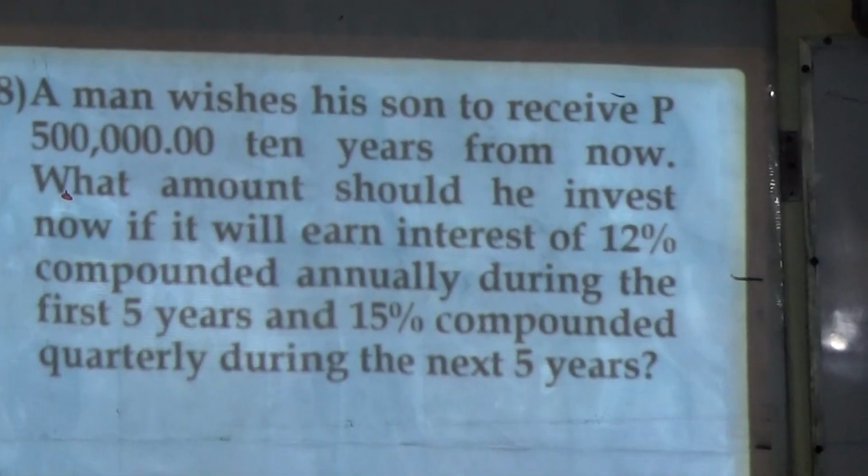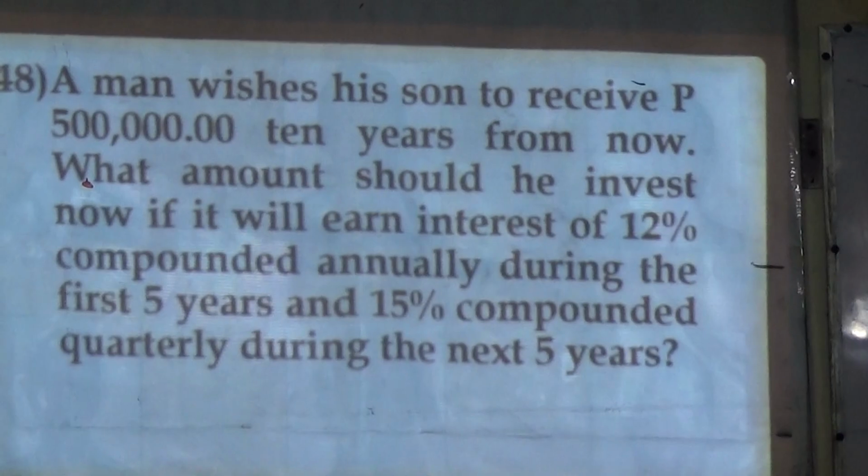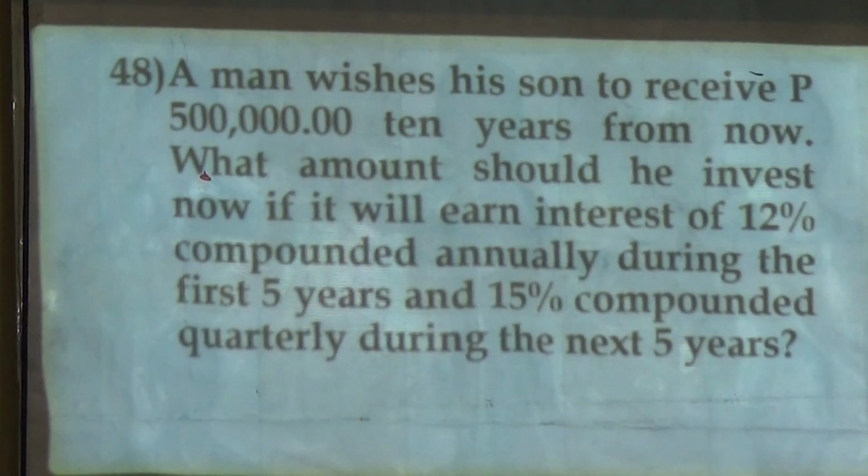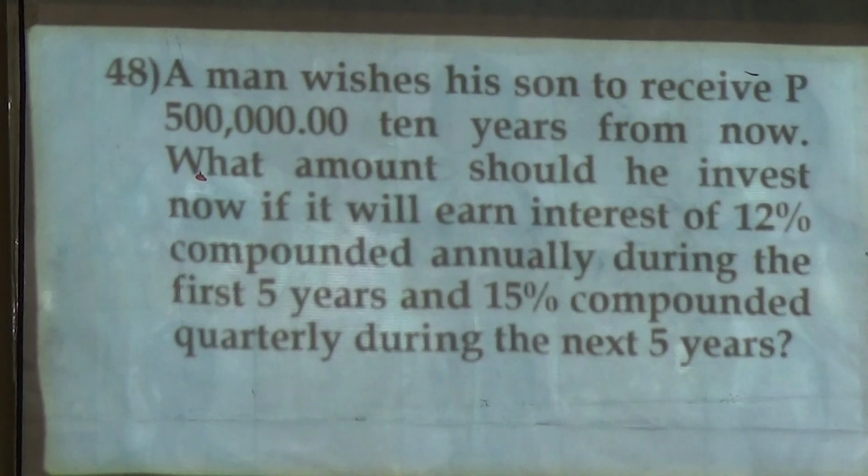Next, number 48. Okay, economics, 48. Okay, given, a father or a man wishes his son to receive 500,000 10 years from now.